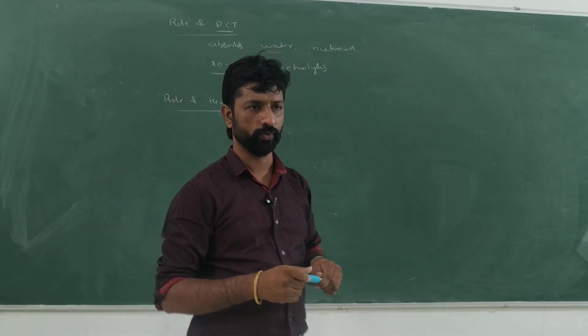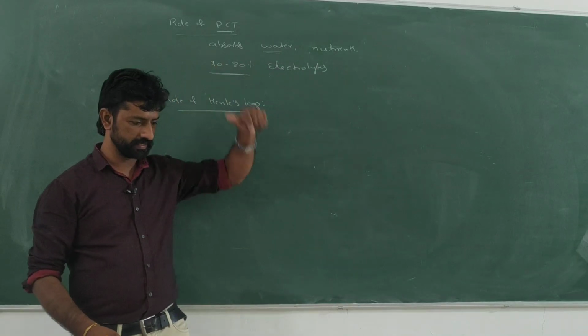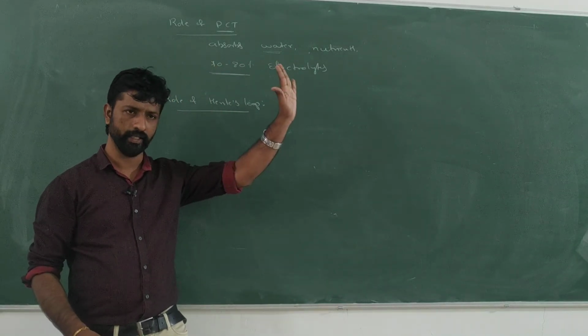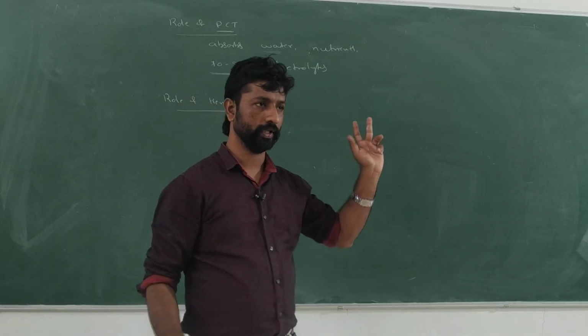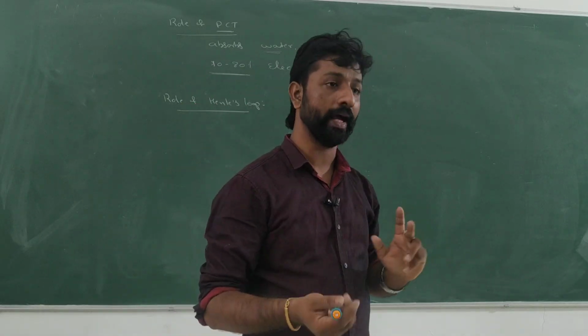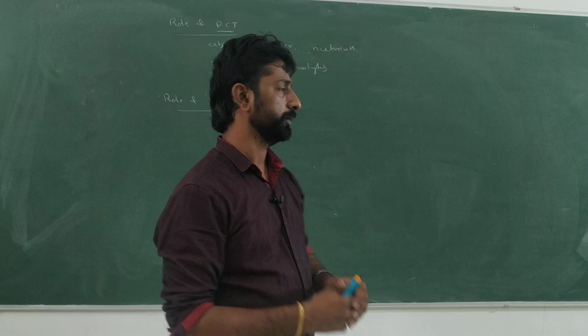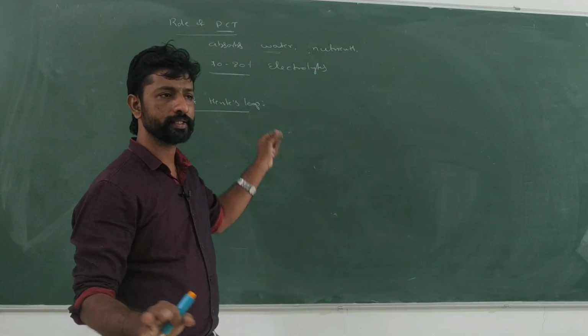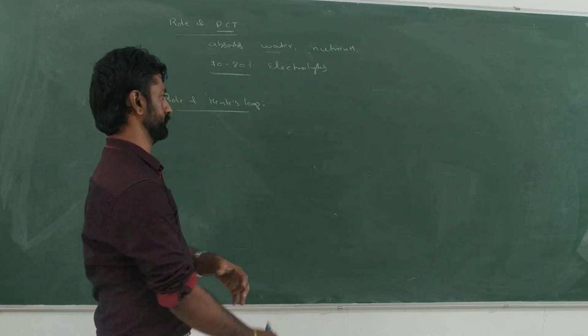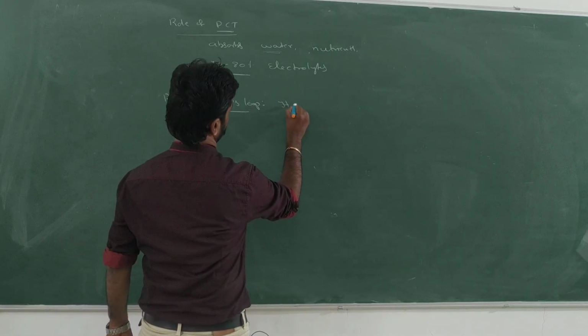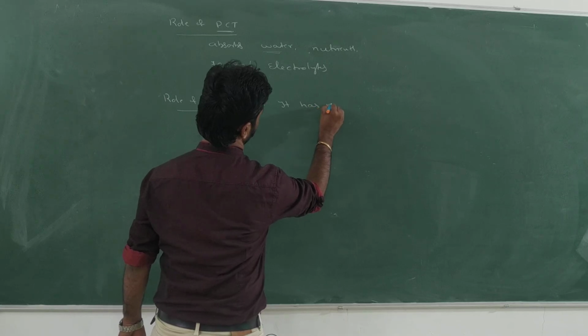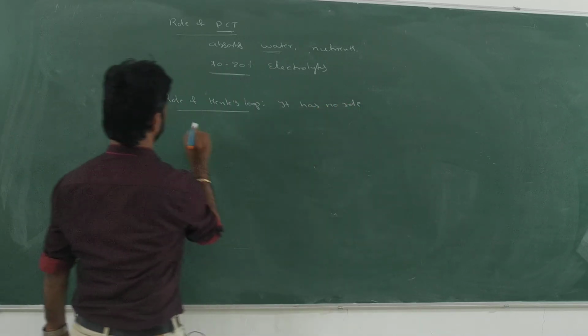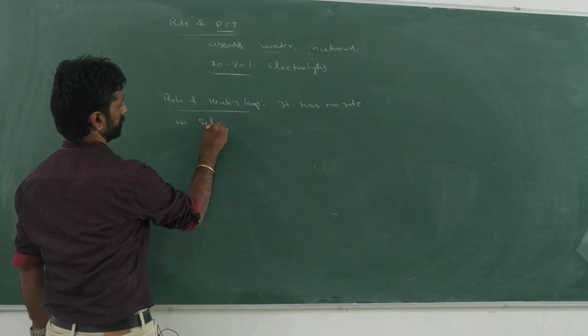Two limbs are there, right? What are those? One is the descending limb, next is the ascending limb. These two are opposite in action. Henle's loop doesn't play any role in the selective reabsorption. It has no role in selective reabsorption.